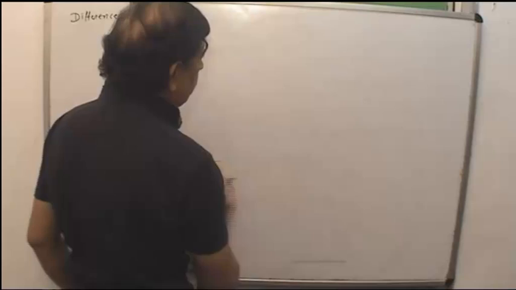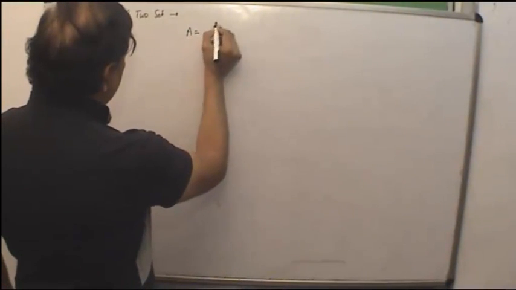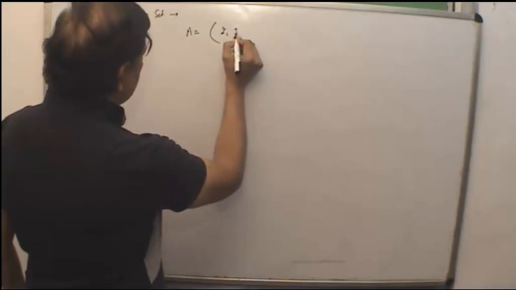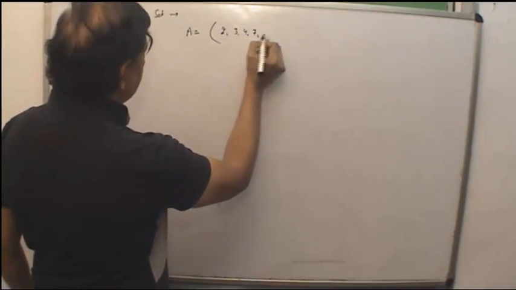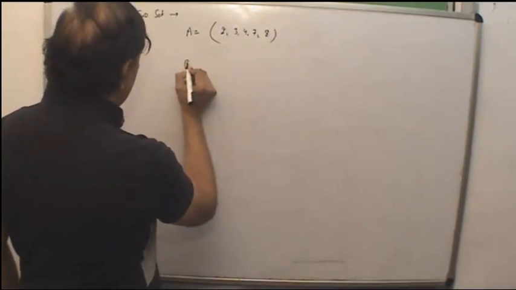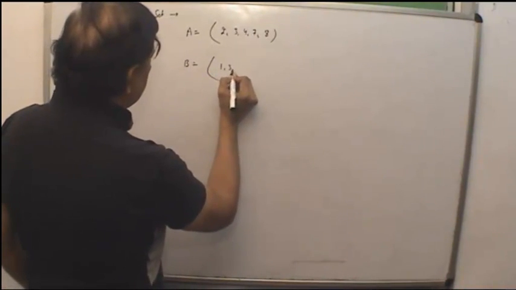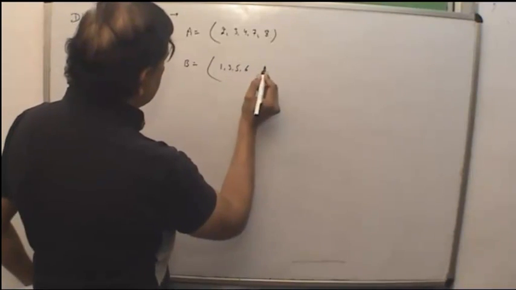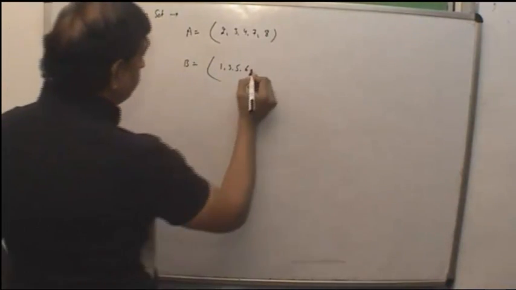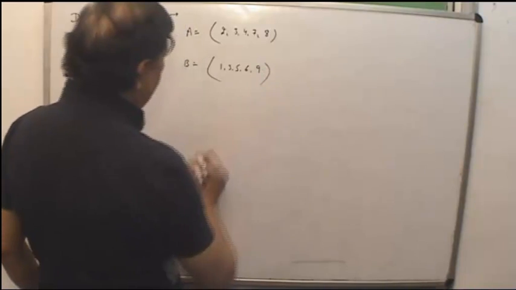Let us first understand it by an example, then we will write it in the standard forms. Say A is equal to 2, 3, 4, 7, 8 and B is equal to 1, 3, 5, 6, 9.